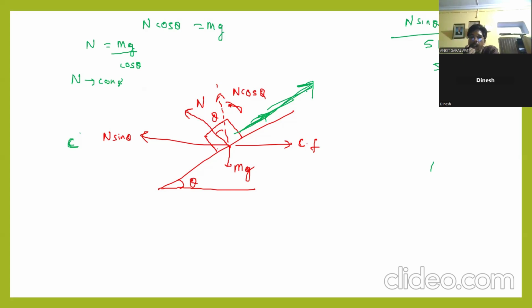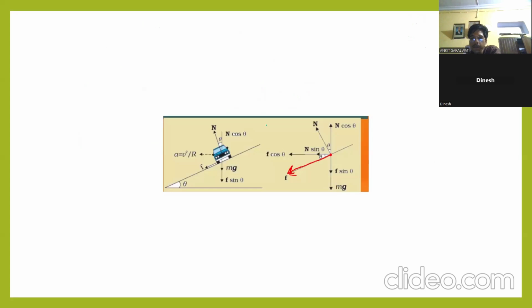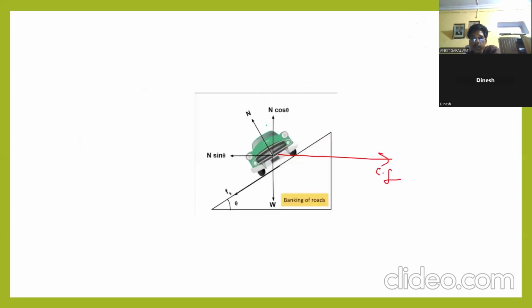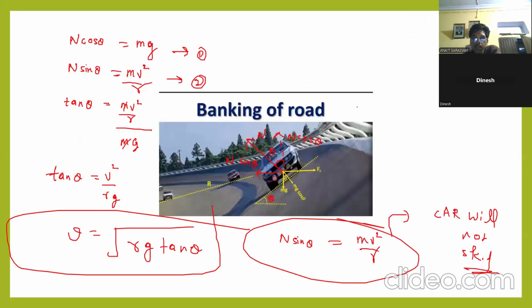If you look carefully at this diagram, the car will skid like this, toward this barrier.